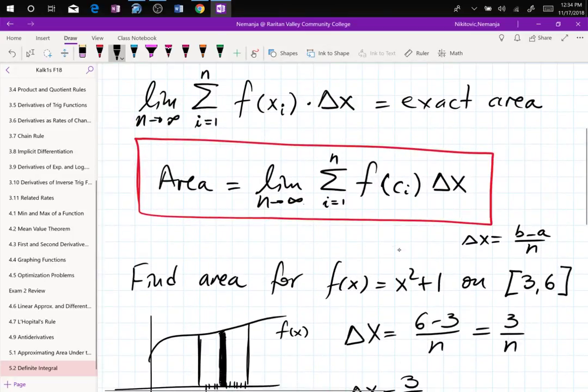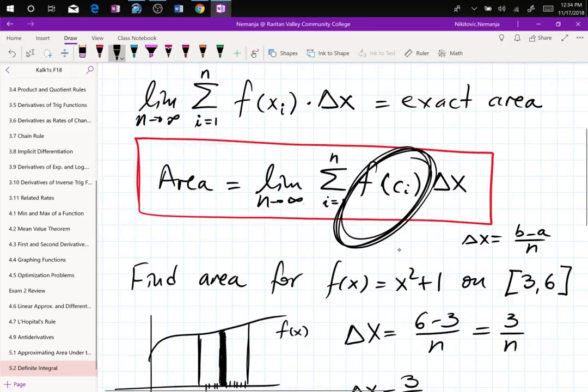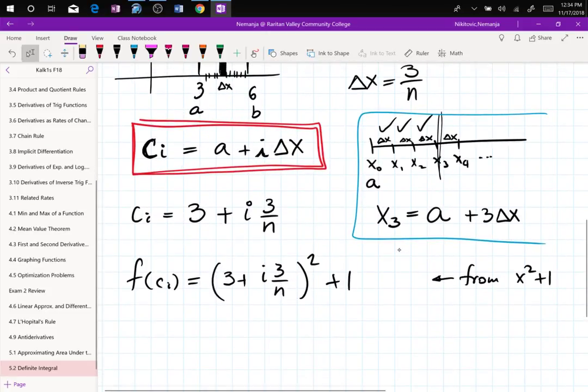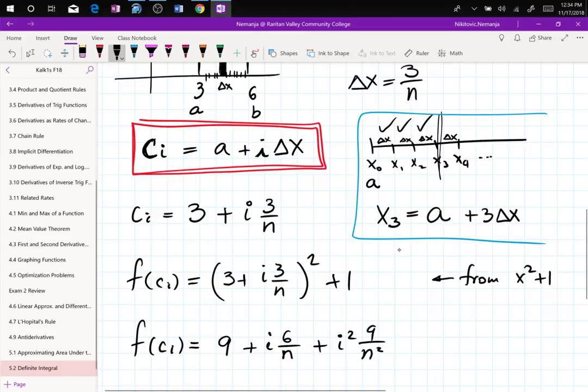You see that in the formula it's f of c_i. That's the input variable. So I plug that in, and then we move along. So now I compute this: 9 plus i 6 over n plus i squared 9 over n squared, plus 1.